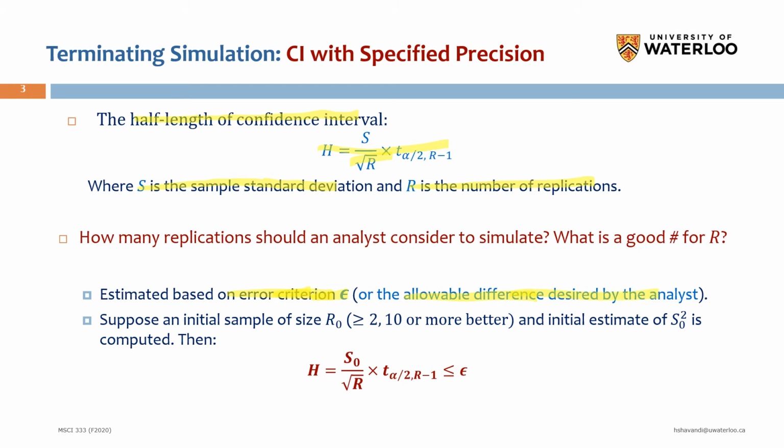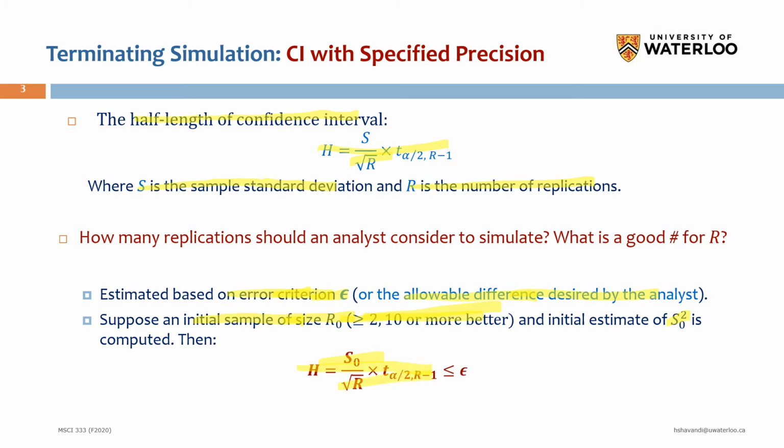This will be an allowable difference desired by the analyst. Here suppose that we have an initial sample size. It could be any number greater than or equal to 2, for example 2 or 10 or more, better. Based on that we have calculated the sample variance, and also we can calculate the half width of the confidence interval, right?